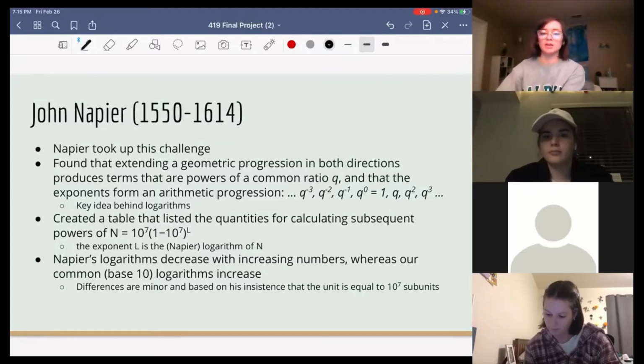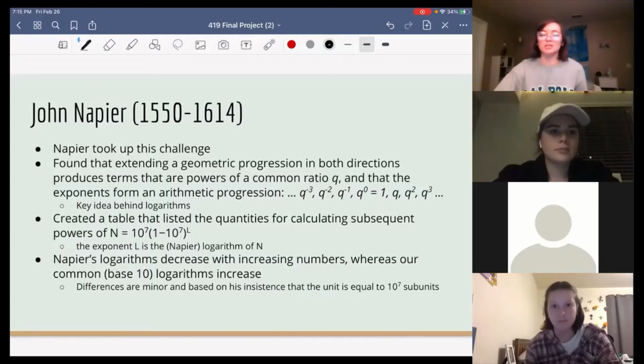So in this case, an important difference is that because 1 minus 10^-7 is less than 1, Napier's logarithms actually decrease with increasing numbers, versus our common base 10 logarithms, which increase. So although this is a pretty important difference, it's actually pretty minor, and it's just based on his insistence that the unit is equal to 10^7 subunits.